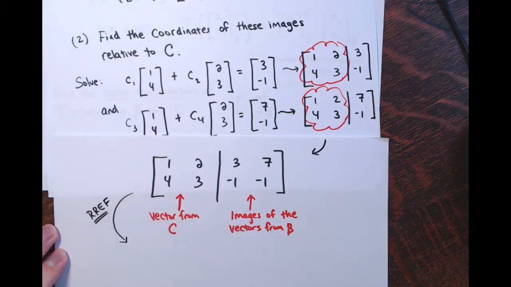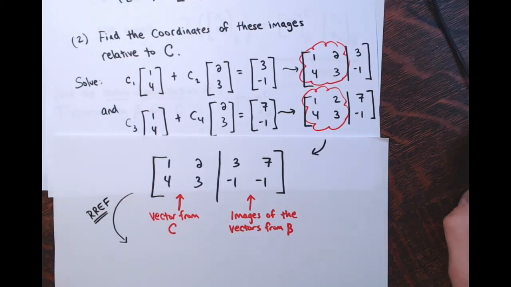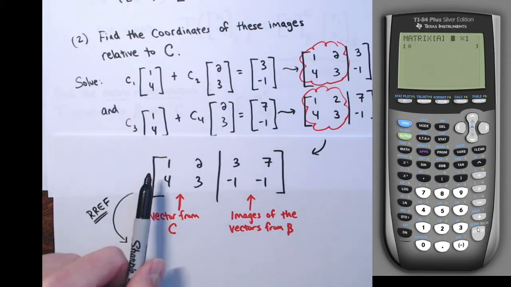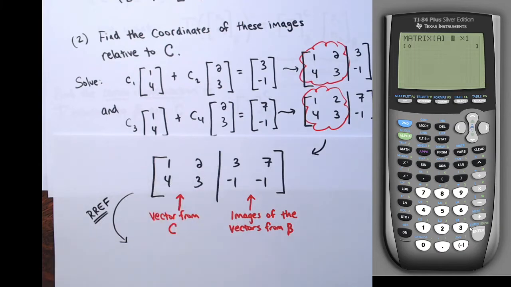I'll just go to a calculator and hopefully remember how to enter matrices. Second matrix, edit. This augmented matrix I made here is a 2 by 4, and then you have the first row, and I'm going to come back when I've put it in reduced echelon form.